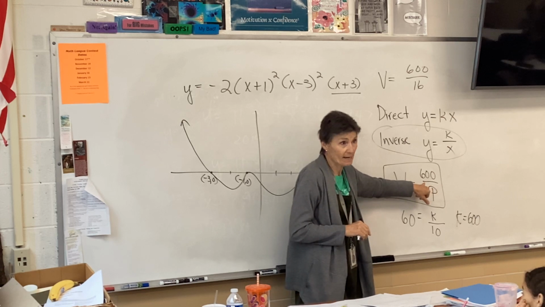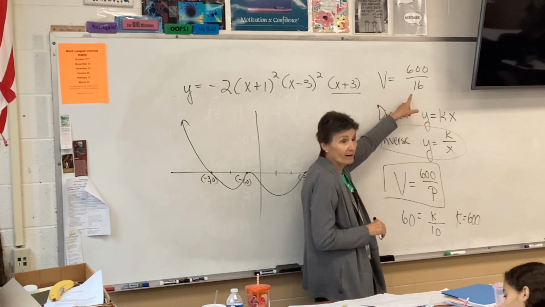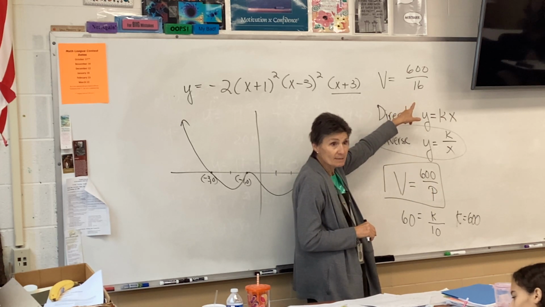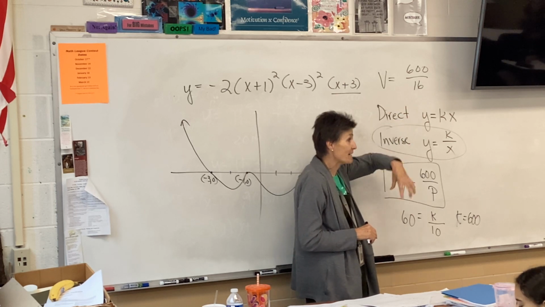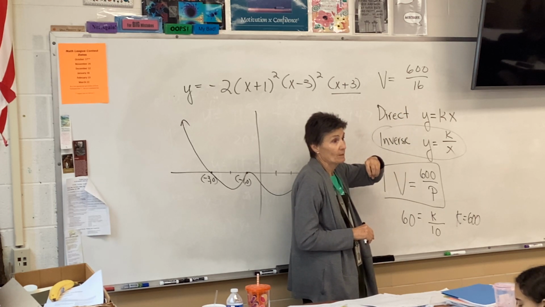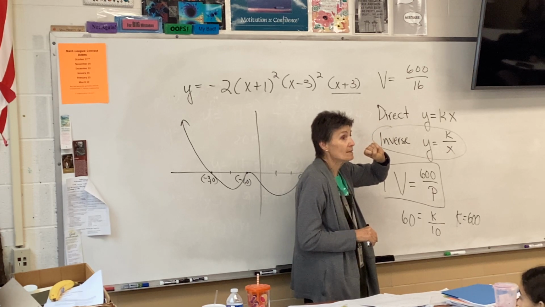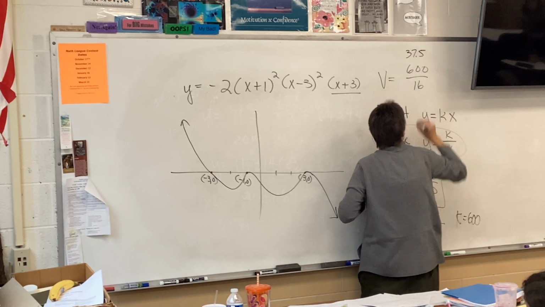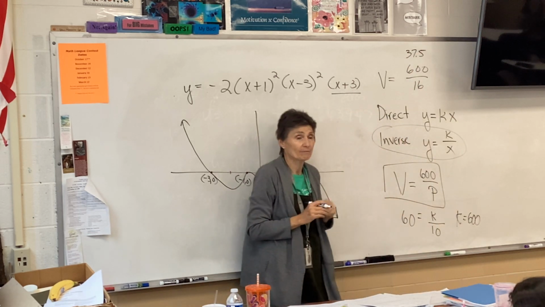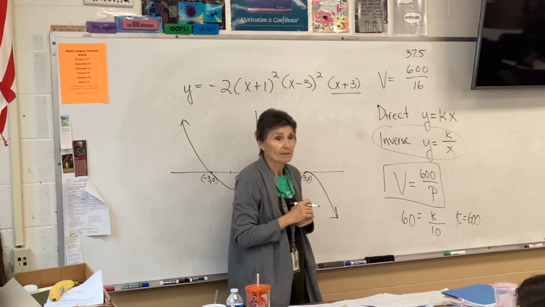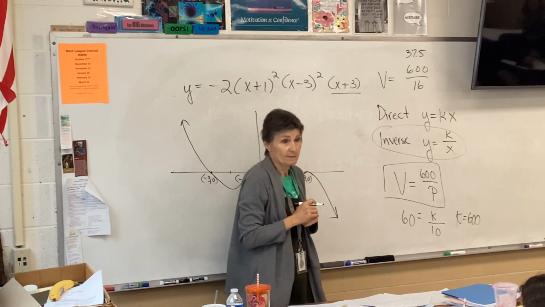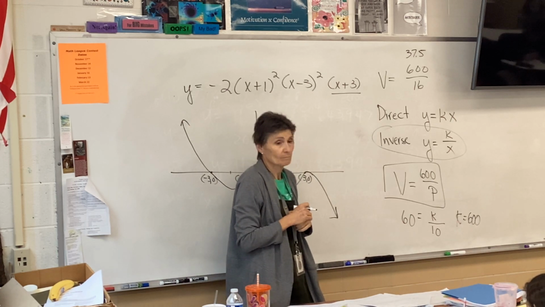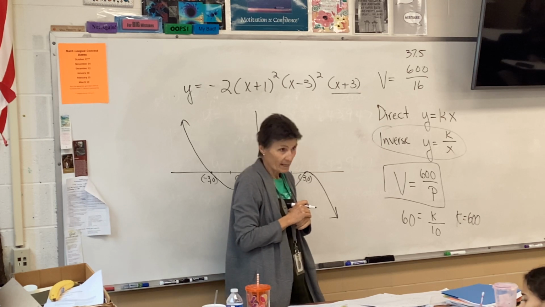I'm going to get out my trusty calculator, and I'm going to divide 600 by 16, and that's going to be the answer to the question. What is that? 37.5. So the answer to the problem is 37.5. So would that be D equals? Yeah, D equals, yeah. Okay?